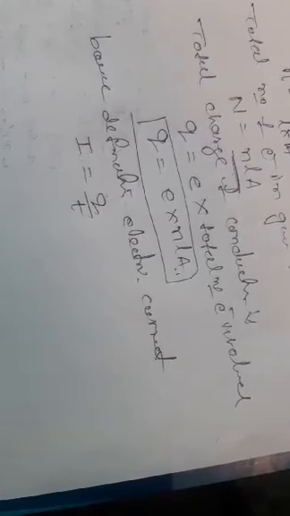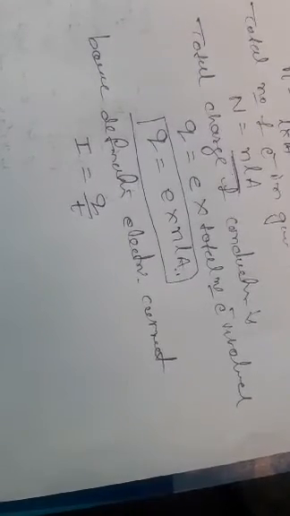Then, using the basic definition of electric current, I is equal to the rate of change of charge, Q by t. What is the meaning of electric current? The amount of charge that flows through the conductor in any time is called electric current.